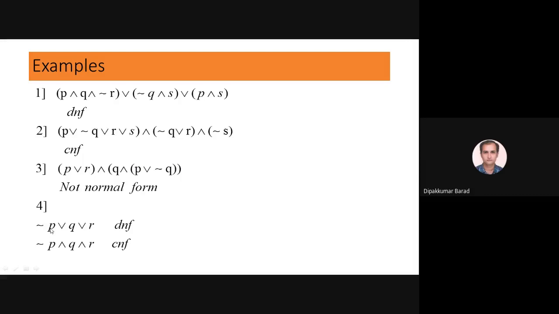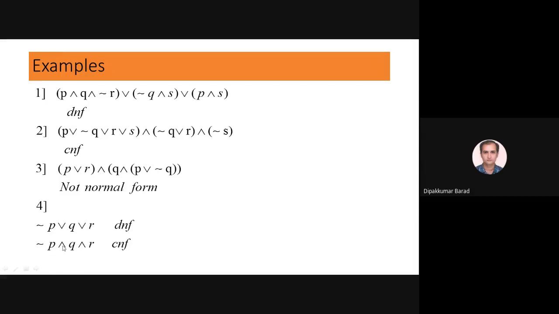Now this one, not P or Q or R, is DNF, as not P is an individual statement, Q is individual, and R, each in normal form, which are connected with the connective OR. So I can say that is disjunctive normal form, and this is in conjunctive normal form.